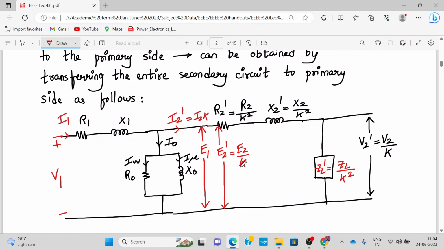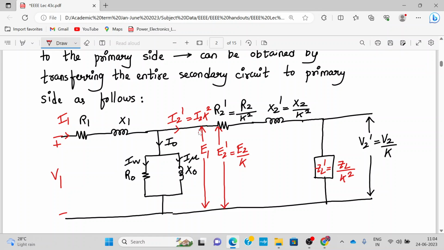Okay, all the secondary current, that is I2 dash, is transferred to the primary by multiplication by K. So this will be multiplied by K.